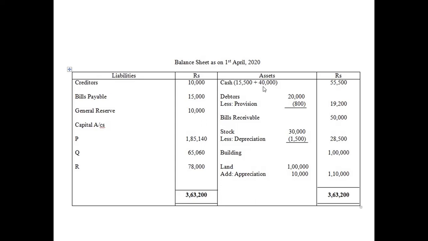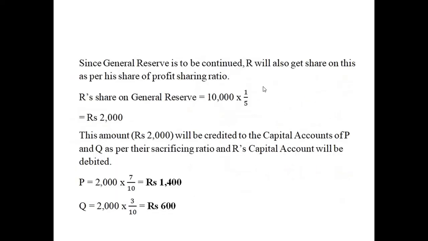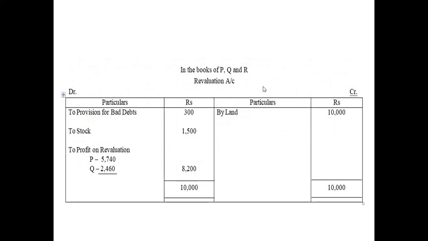So debtors will be 20,000 as you can see here, and the provision that is to be subtracted will be 800, because previously we have calculated. You can check point number 4. Provision is to be raised to 4% of the debtors. So the debtors amount is how much? 20,000. So 4% of 20,000 will be how much? 800, isn't it? And we have done this adjustment in the revaluation account itself. 500 was already existing.